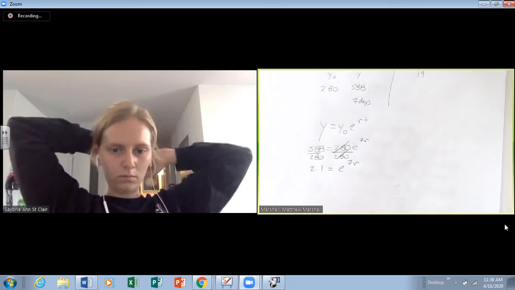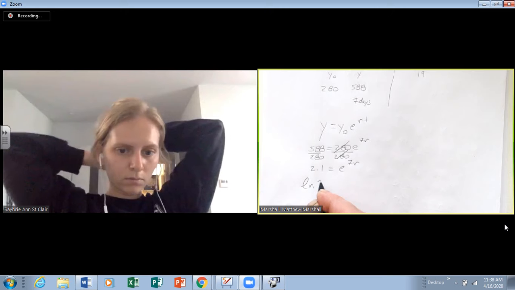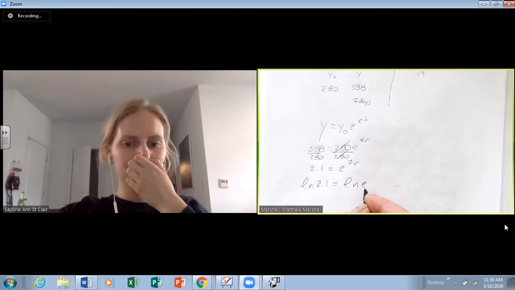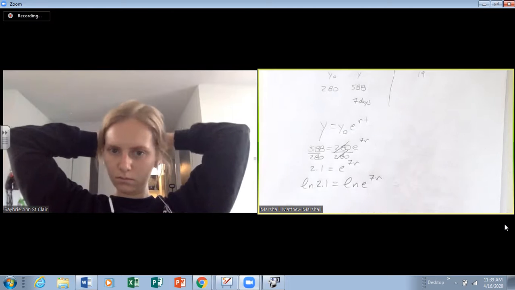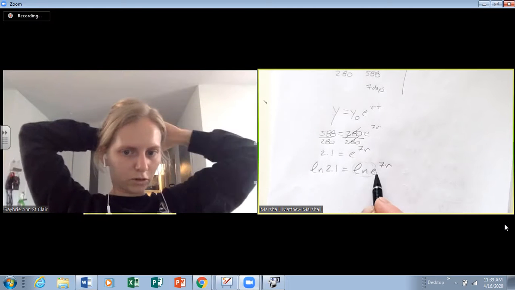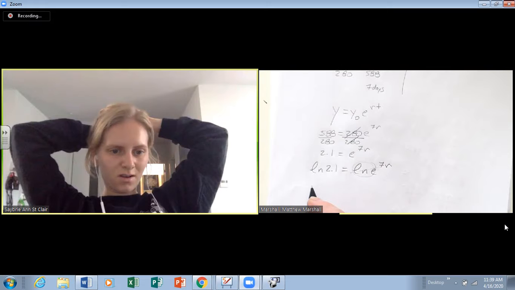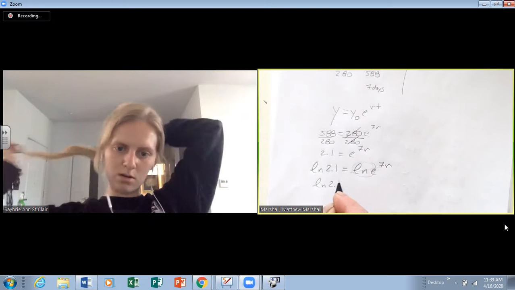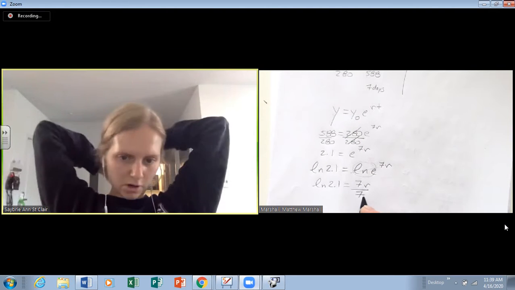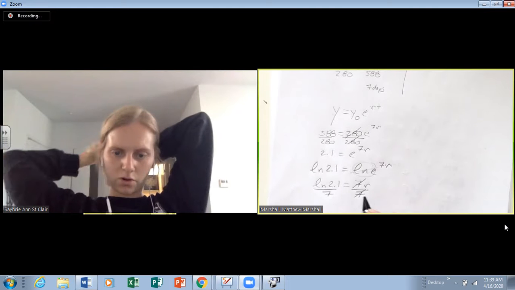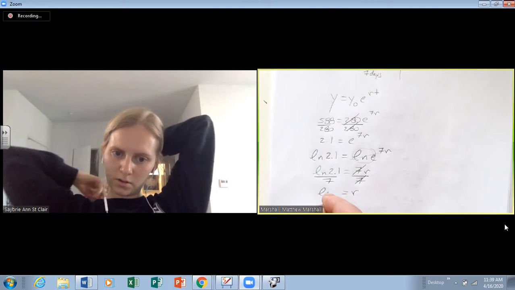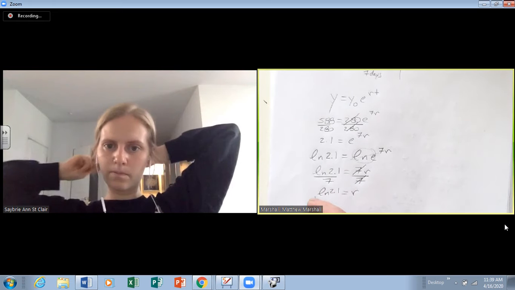Now I'm going to use the natural log rule. Natural log 2.1 equals natural log e to the 7r. By definition, these will cancel out and leave you 7r. So we have ln 2.1 equals 7r. Divide by 7, and you're left with r equals natural log 2.1 over 7.